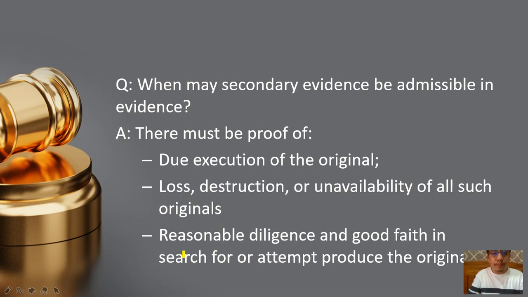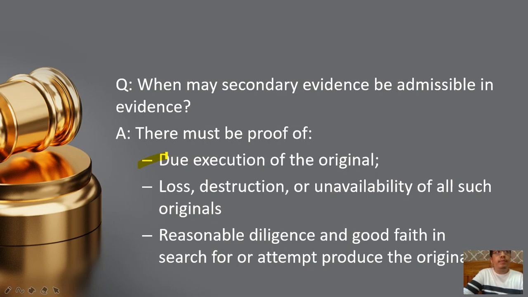Okay, so when may secondary evidence be admissible in evidence? Of course, you have to prove that there is due execution of the original, meaning when the contract was entered into by the parties, there was no fraud, there was no exertion of violence, there was no intimidation.